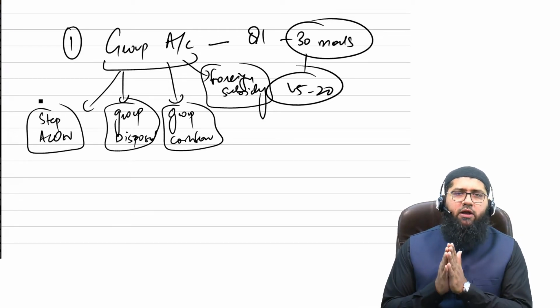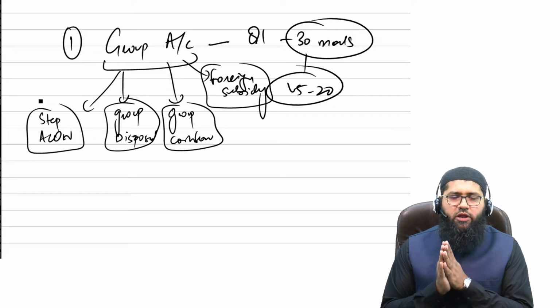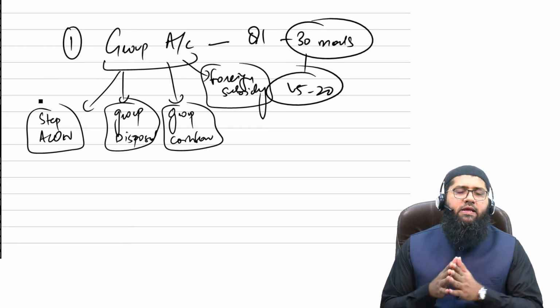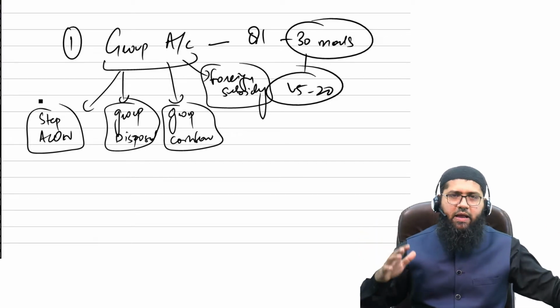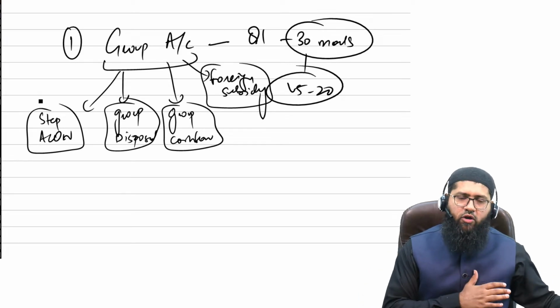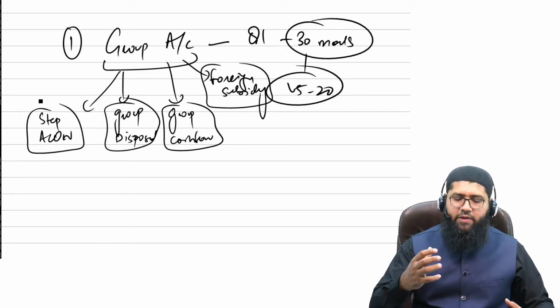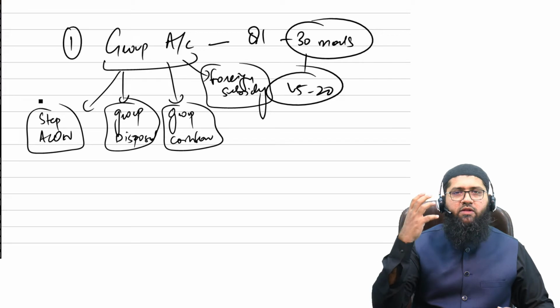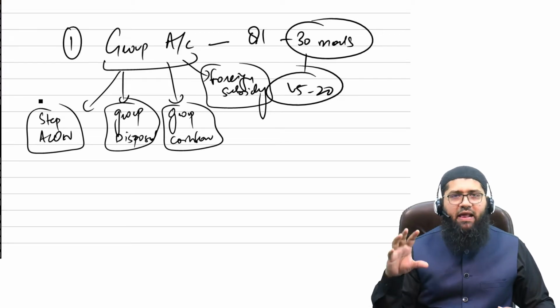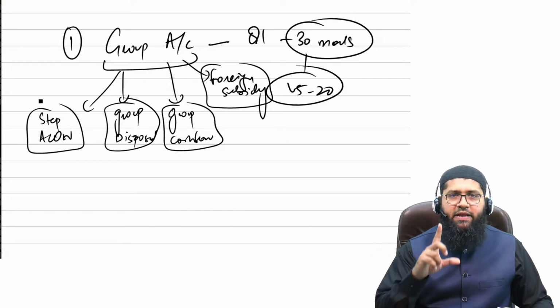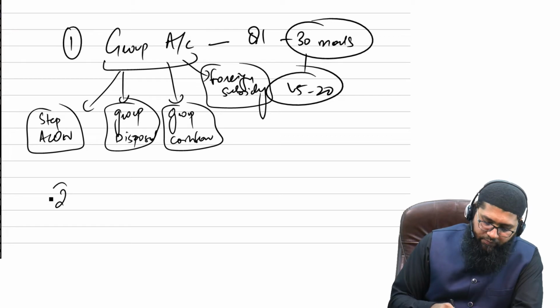The concept of group accounts is that it needs complete coverage. You need to have a focus on foreign subsidiary, the group cash flows, the group disposals, the step acquisition. Every single area of the group accounts needs to be covered. That's the first important area.